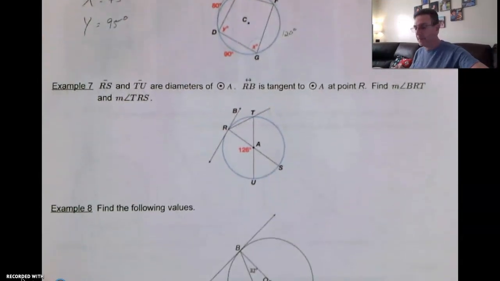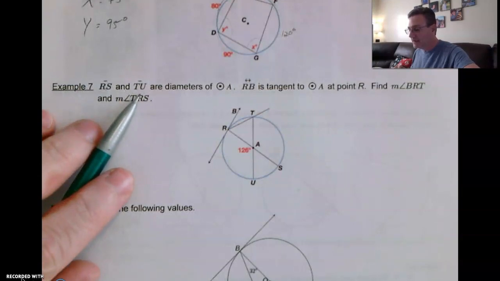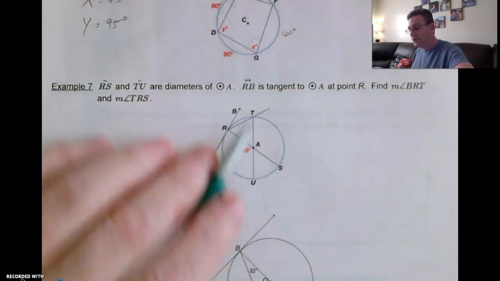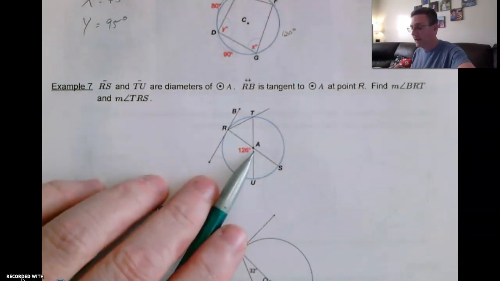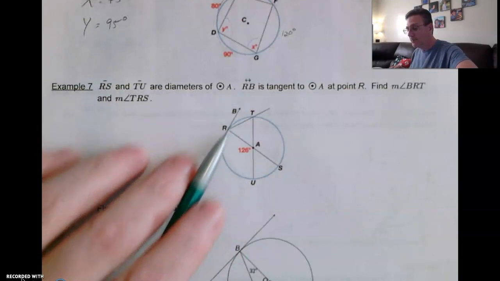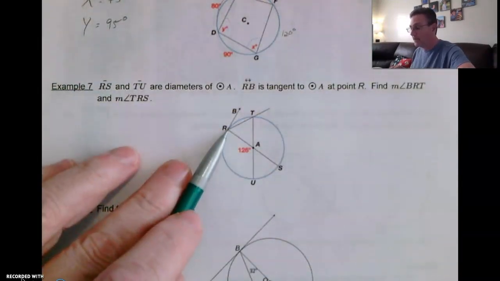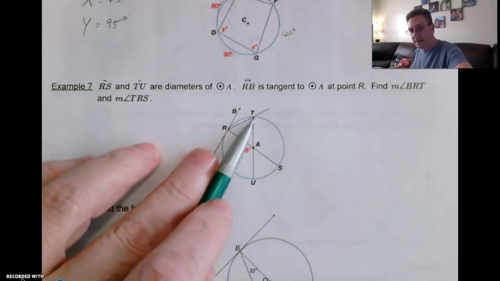Example 7. Segment RS and segment TU are diameters. So we have two different diameters. They're both going through the center here of circle A. Line RB is tangent to circle A at point R. Find the measure of angle BRT.